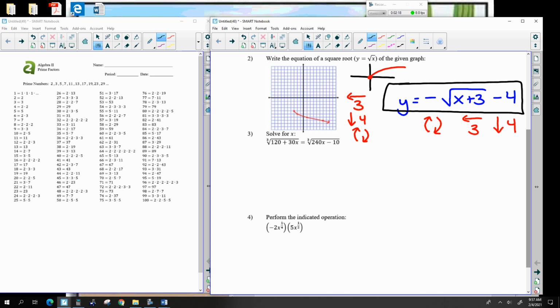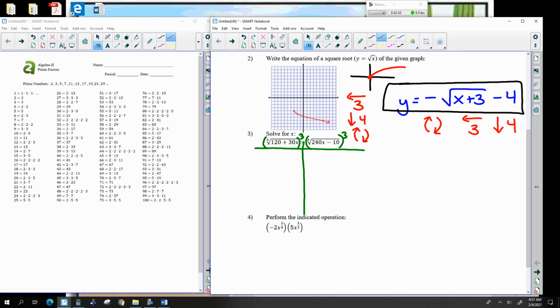Okay, next problem, I have an equal sign, so that means that I need to get an answer. Both of these are to the third power, so because they're on both sides, I can go ahead and just cube both sides. So it's either isolate the root, or if they're on both sides, just go ahead and get rid of them.